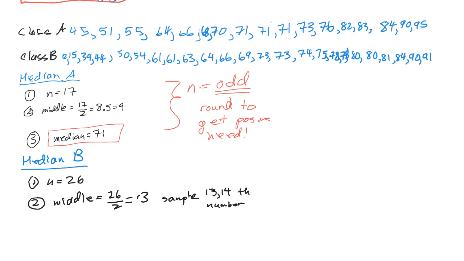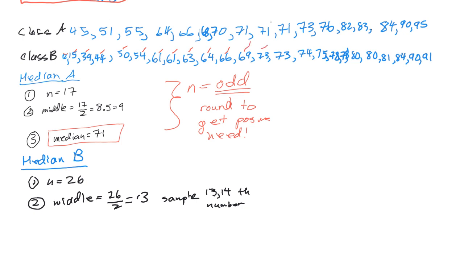Let me show you what I mean by that. We're going to count to the middle. That's 1, 2, 3, 4, 5, 6, 7, 8, 9, 10, 11, 12, 13.